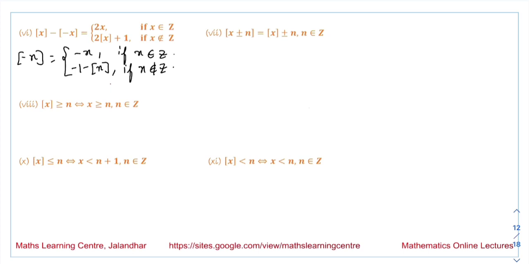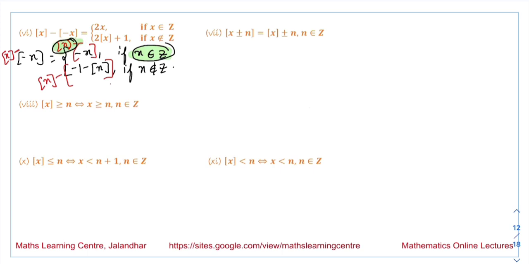Now if we subtract the value of minus greatest integer of minus x from the greatest integer of x, we will get greatest integer of x minus this value, and greatest integer of x minus this value. Now what is greatest integer of x when x belongs to Z?